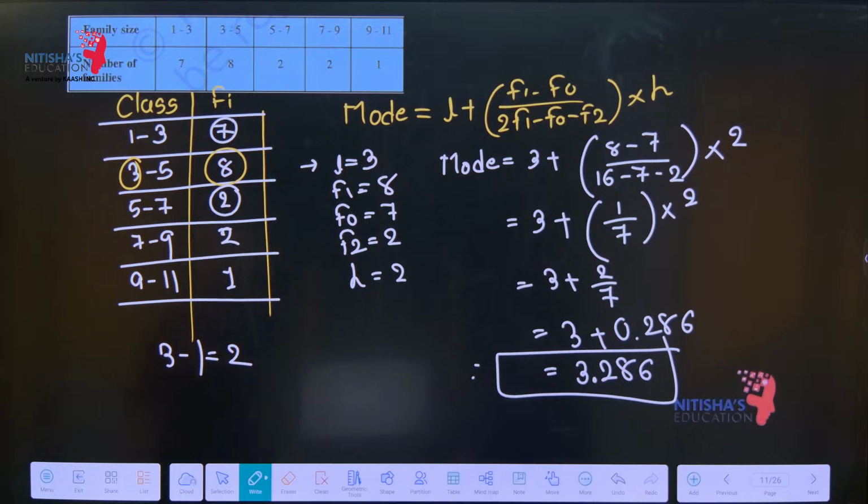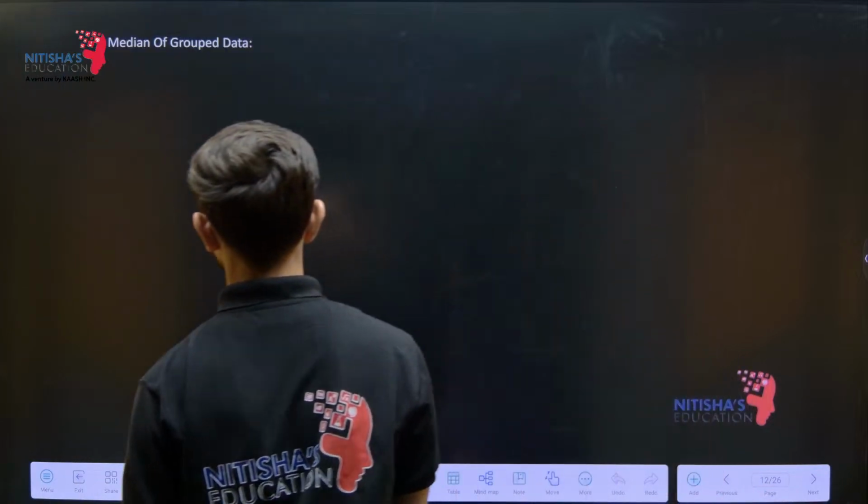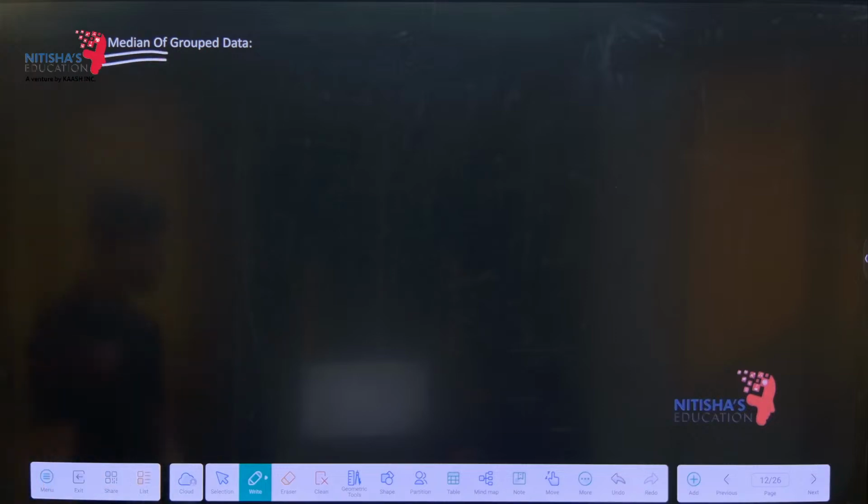Next, let's take the next concept, which is median of grouped data.